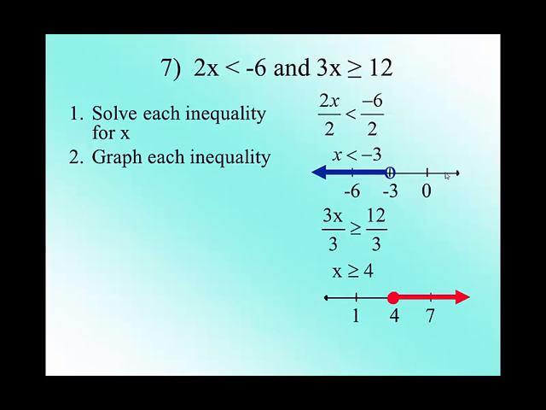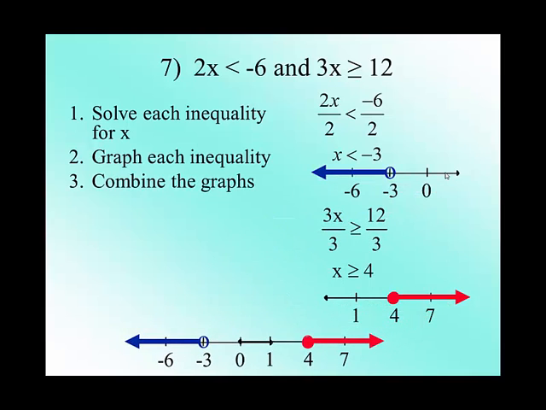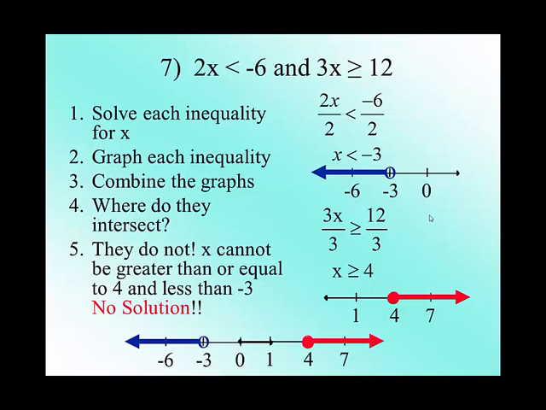And then since this is an and, when we combine the two graphs, we're looking for the intersection piece. Notice there's no place where it's shaded both blue and red. So in this case, there is no solution. There is no way that we could have x less than negative 3 and greater than or equal to 4.